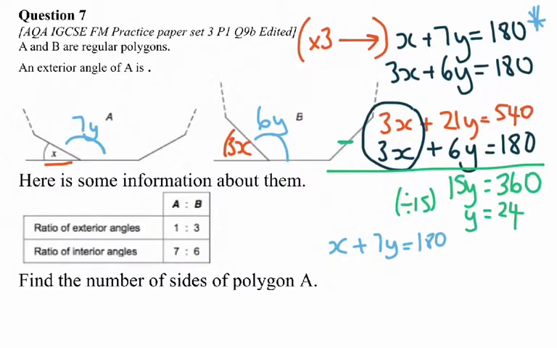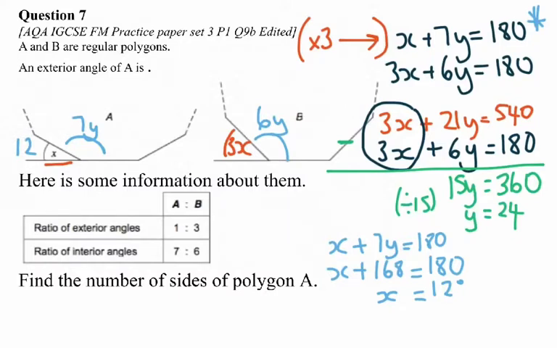Well, I now know that y is 24. So I'm going to do x plus 7 lots of 24, which is 168, and that's equal to 180. So for me to now find out what x is, I can do 180 take away 168, which is 12 degrees. So I now know if I go to my shape A, that x is 12 degrees.